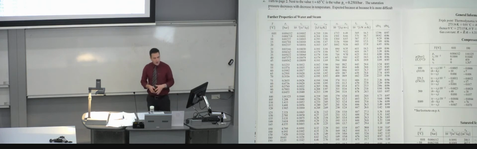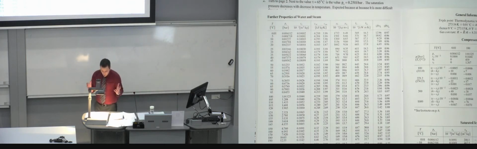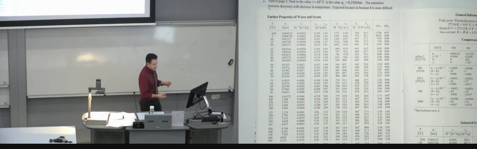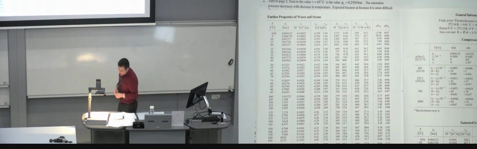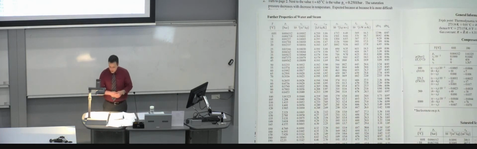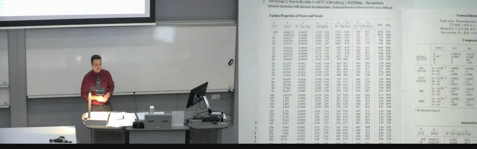We don't have things like enthalpy or entropy. This really focuses on the physical properties that you would normally use, for example Cp, mu, which is the viscosity, K, which is the conductivity, and the Prandtl number. So this is a special page for H2O, and that's where you will find the value of Vf.